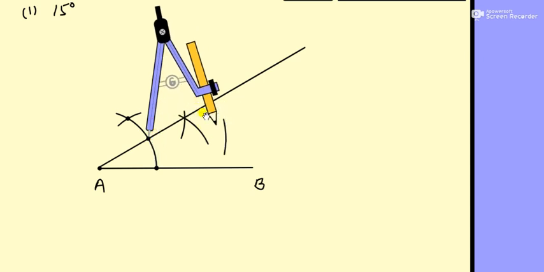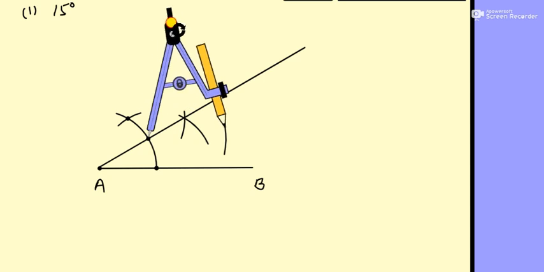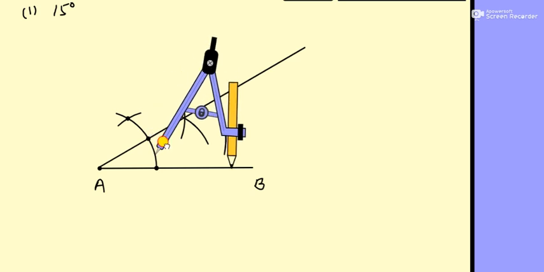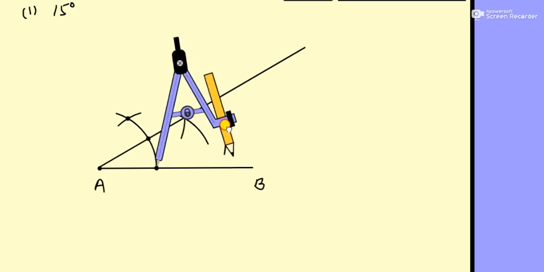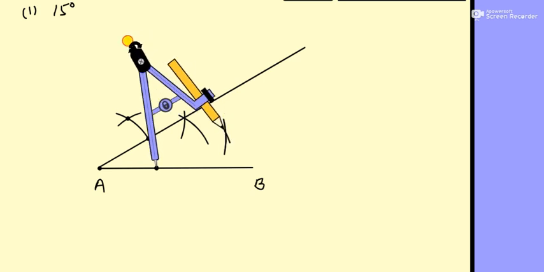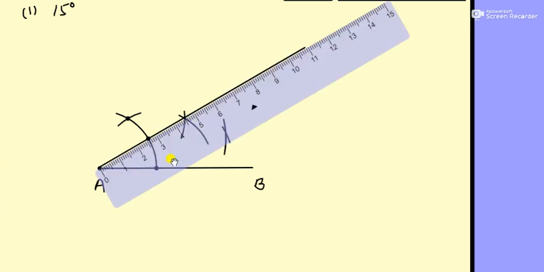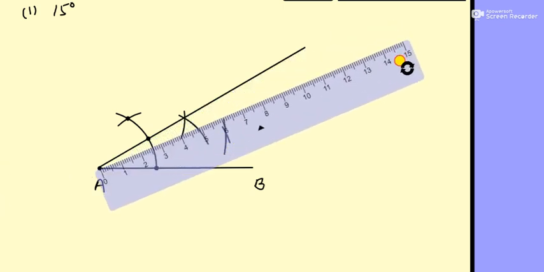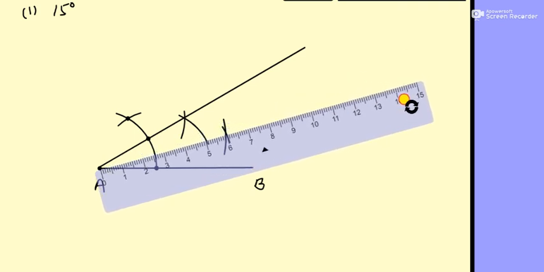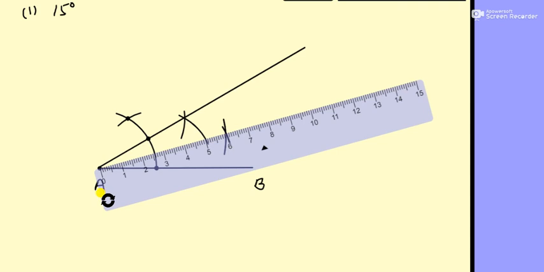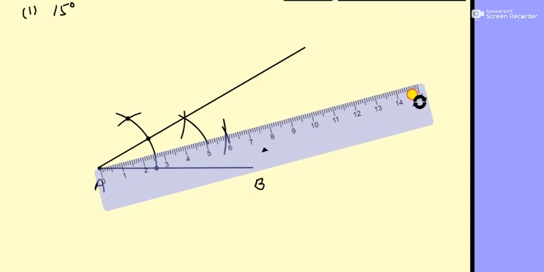Now the distance is changed, so first of all keep your distance, take this point and make this arc like this. Remove the compass, and with the help of the scale we can draw a second line. It is here.